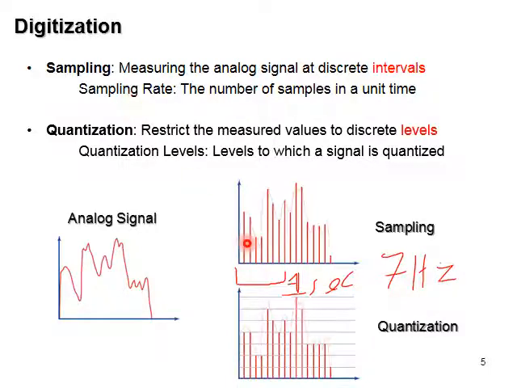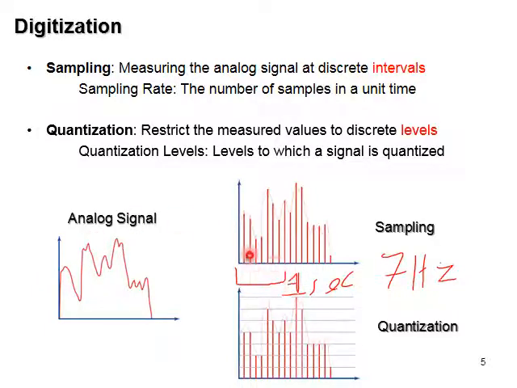Of course, as you increase the sampling rate, what will happen? You will have more samples from that signal, and therefore you will have a better representation of that signal. So let me talk about what we need out of the sampling and quantization. If you have an analog signal like this one and you would like to represent it in digital form, you would like to have the closest representation to the analog signal, but now in digital format. For example, if you look at this signal here, there is up and then down and then goes up again.